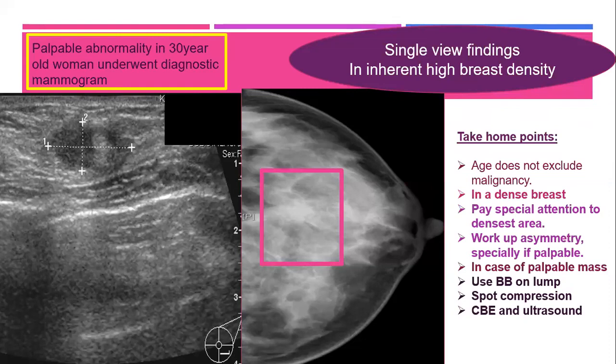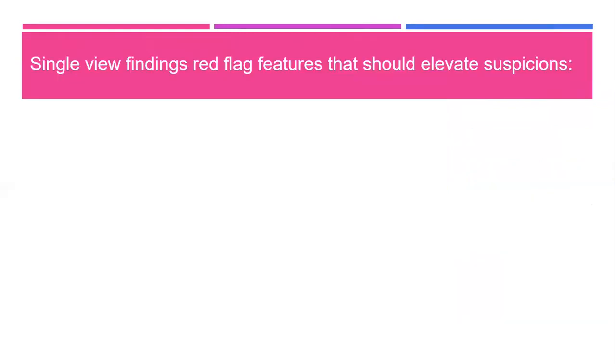Any asymmetry corresponding to a palpable abnormality, you have to take it into consideration. And in cases of palpable masses, it's better to use the BB on mammography. It will help to appreciate any corresponding abnormality. Also you can use spot compressions and ultrasound, and you have to make use of the clinical breast examination.